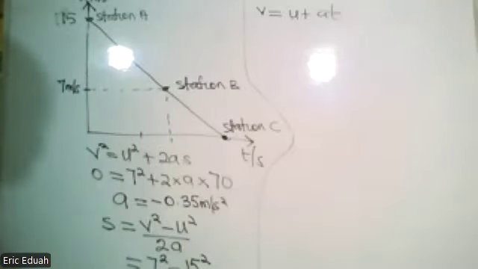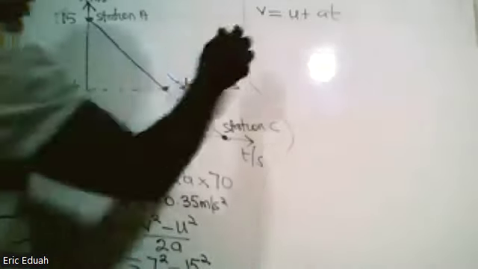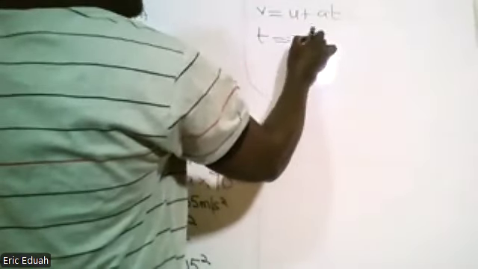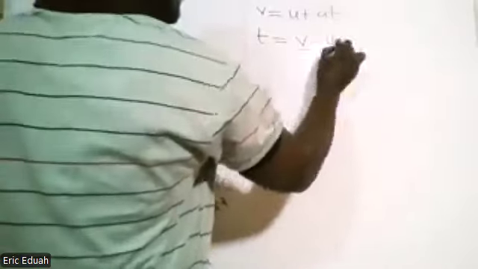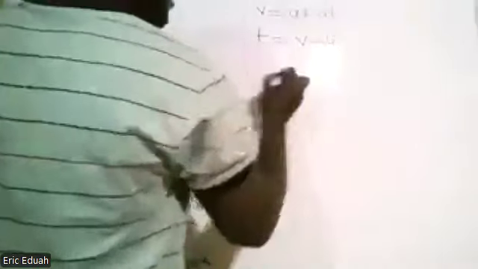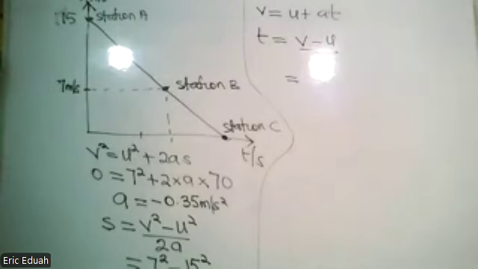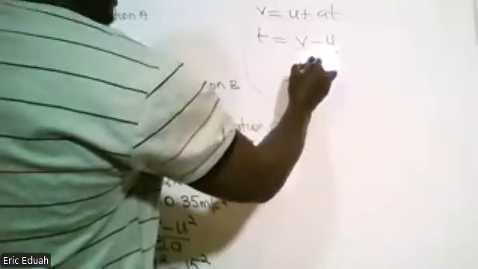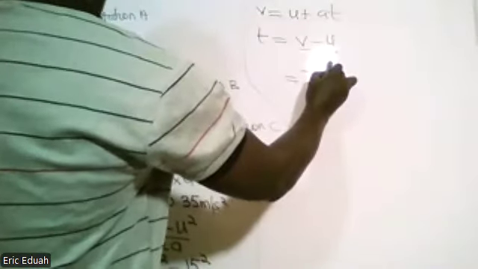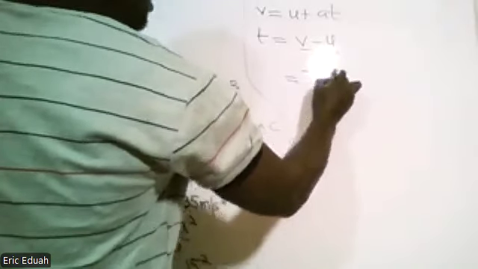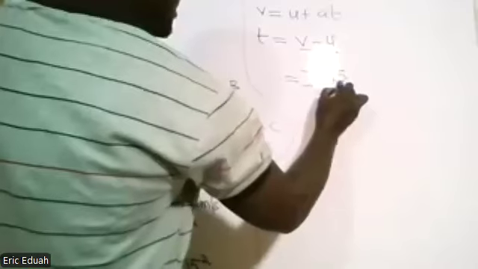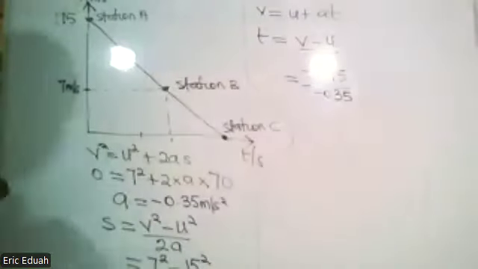That uniform acceleration is also known. So T must be easier. So final 7 minus initial 15 over minus 0.35.